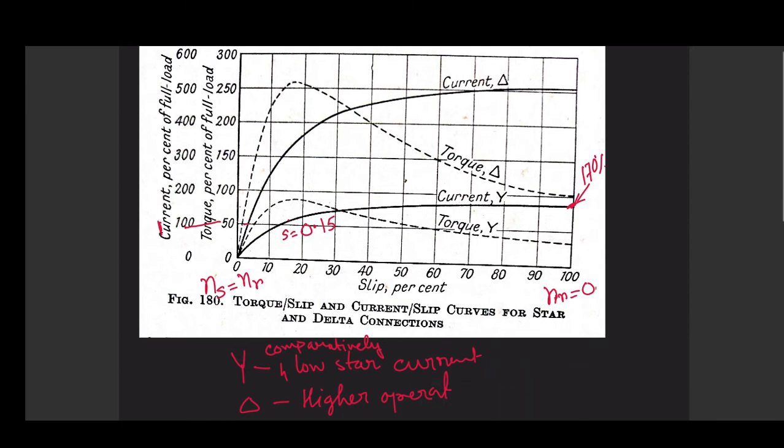So if we can have a mechanism that allows us to shift between lower starting current and higher torque, what would happen if we allow our machine to start in star mode and then we switch to delta?